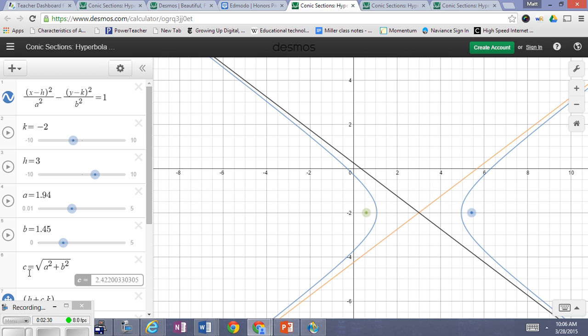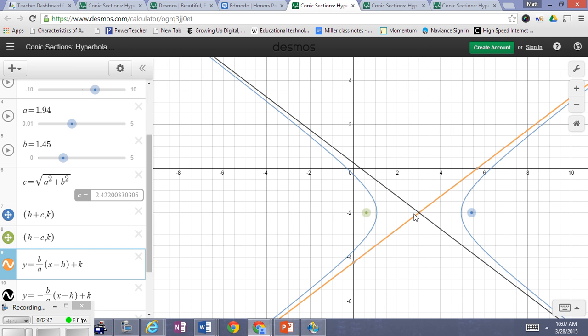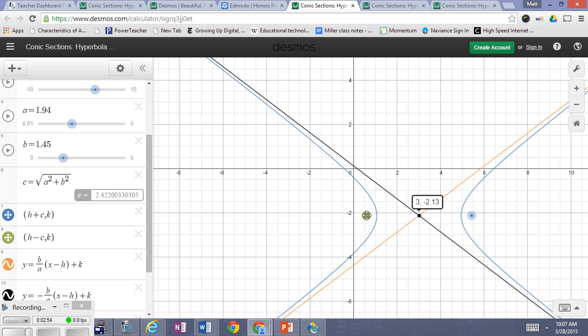The c value is still determined the same way, but with this orientation opening up left and right, the c value gives coordinates which are relative to the center.